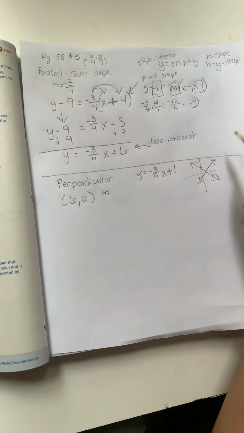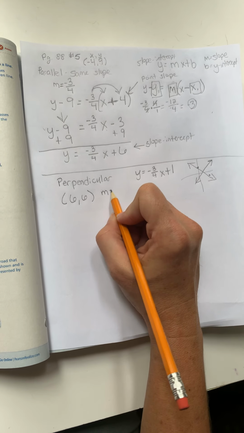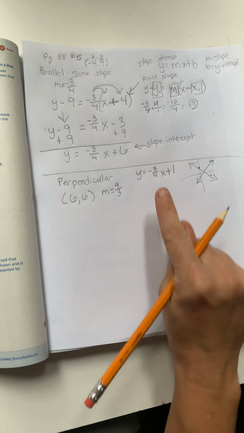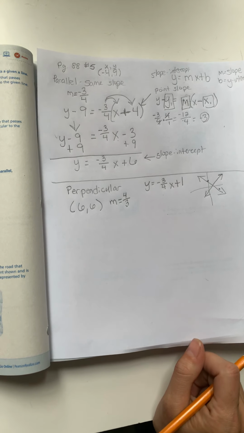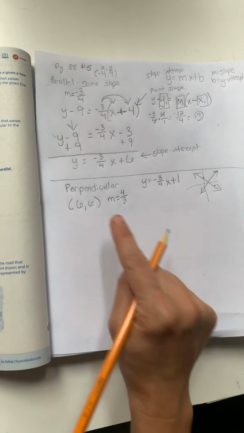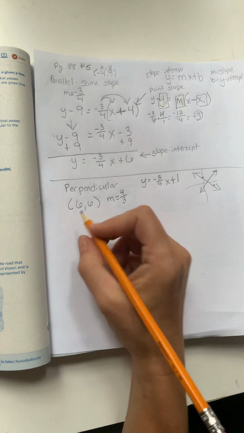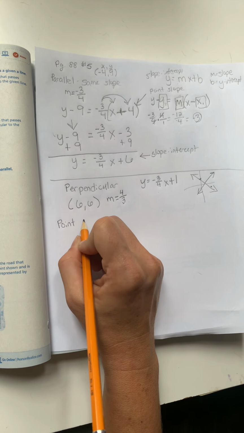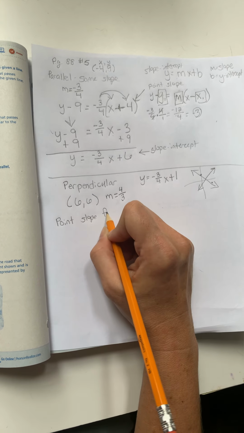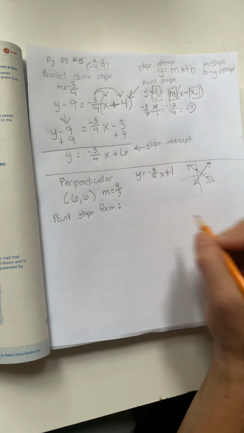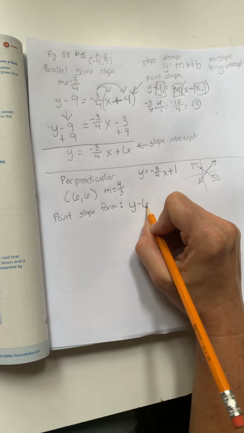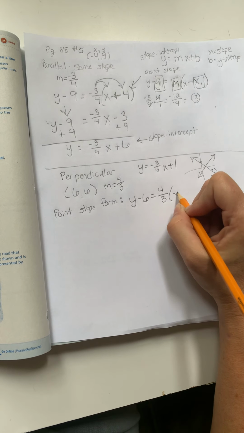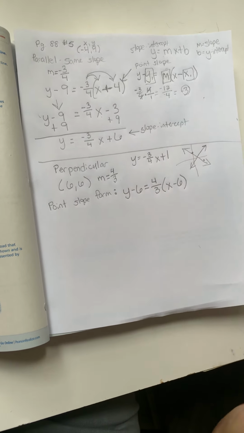I want it to go up so that it crosses the other line. So this is going to be 4/3. I flip the fraction, change the sign. Now I can take the point and the slope and plug it into point-slope form. So y minus 6 equals 4/3 times (x minus 6).